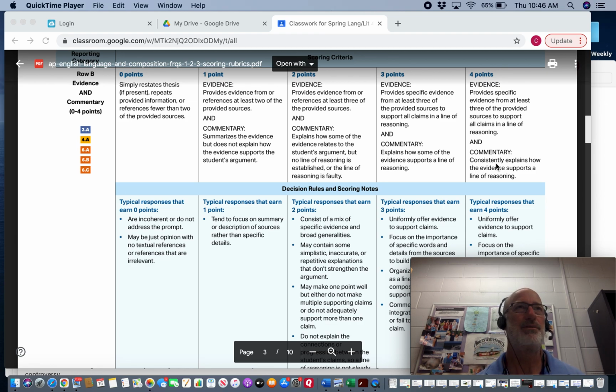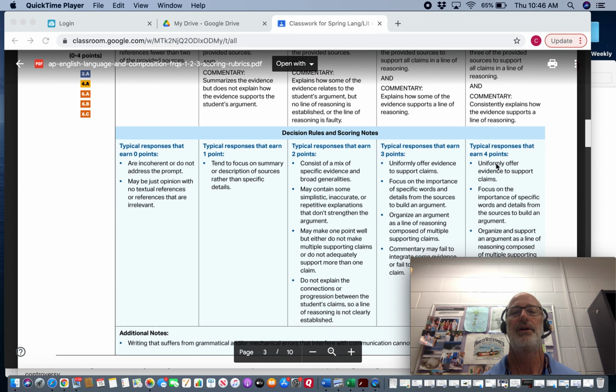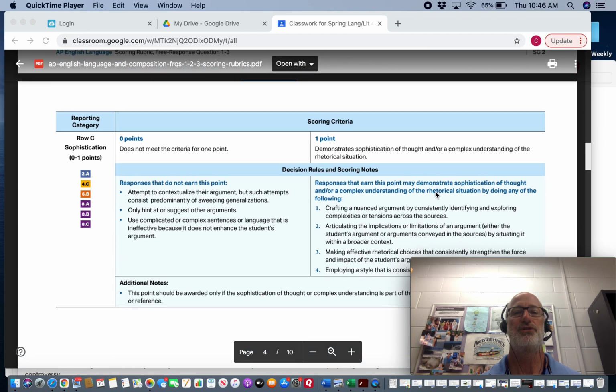In that amount of time, you're not going to be able to address every aspect of what's going on here. You're going to be able to address a few of them, a couple of them well. So you can acknowledge several, but you want to deal with a couple of items very well and go into depth there. You can read these, and I suggest that you have this rubric open as you're doing this next practice.